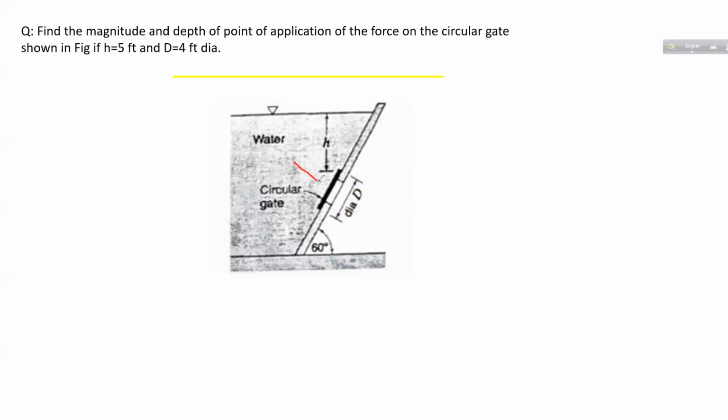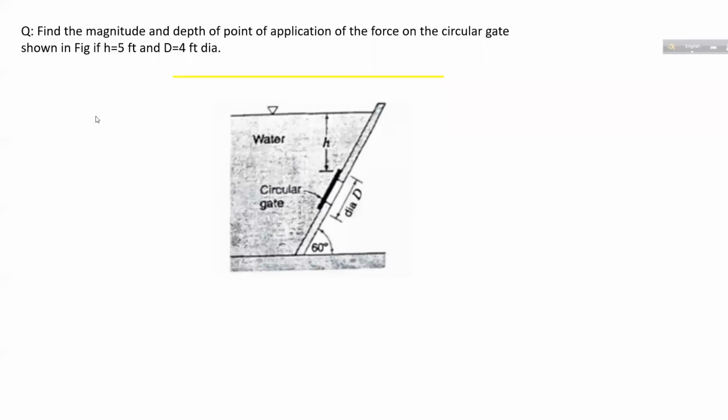If you look from this side to this side, this circular gate will look like this, the shape of a circle. This horizontal line is making an angle of 60 degrees with this inclined line.